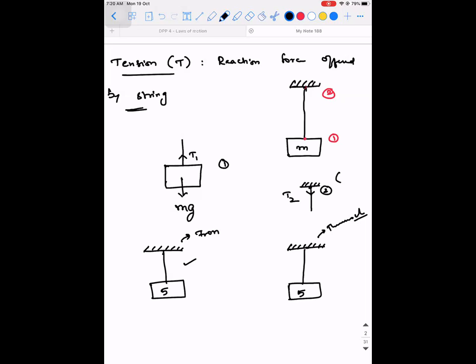You're suspending the 5-kilogram block, where the maximum capacity that this thermocol can hold is only 4.9 kilogram. What will happen? This iron can hold up to 50 kilogram. Let's have it like this.